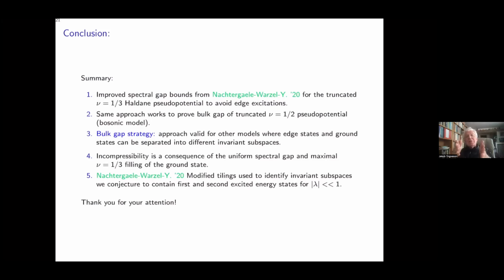If you have these pseudopotentials, which are projectors, say delta 1, 2 and delta 3, 4, they commute, but not if the indices overlap. And in the one-dimensional case, you have only order n non-vanishing commutators, whereas for the two-dimensional situation, you have n squared non-vanishing commutators.